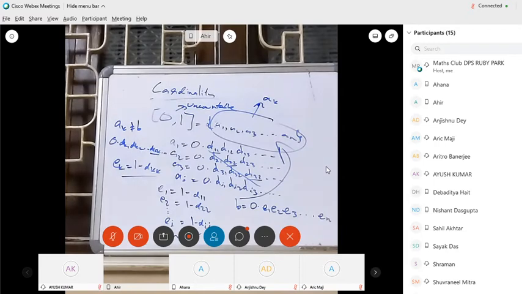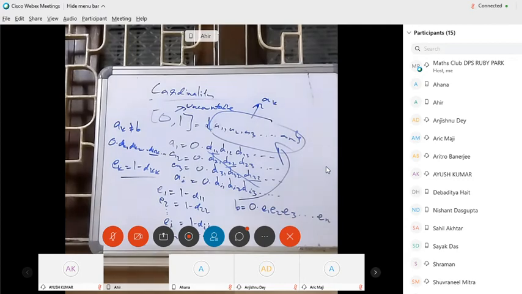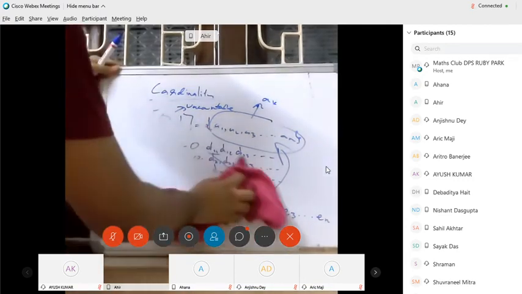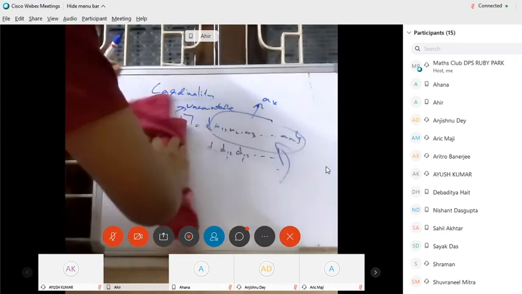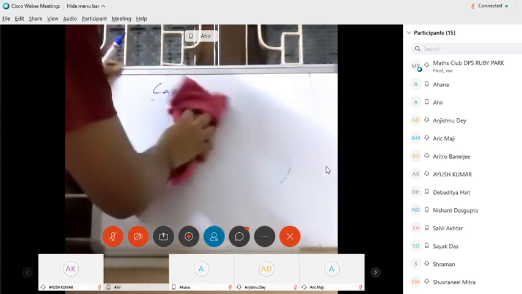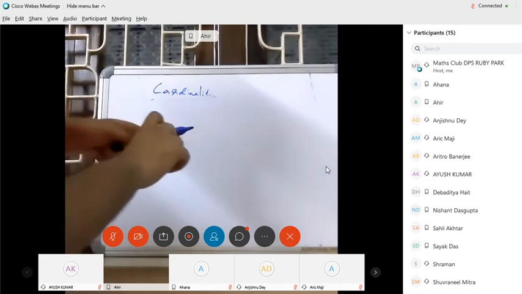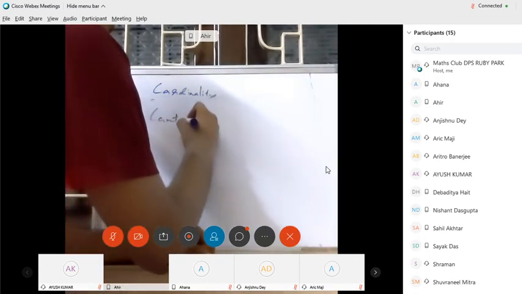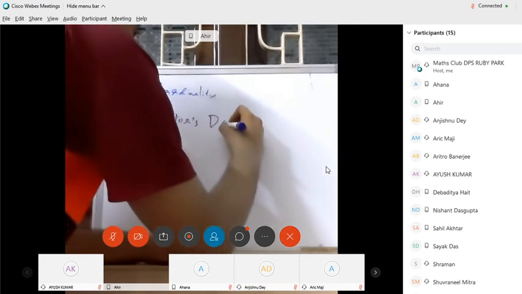Yes, Dada. Great. So we call it Cantor's diagonal argument. You can read up about this later on.